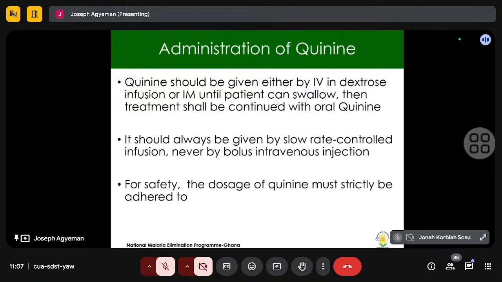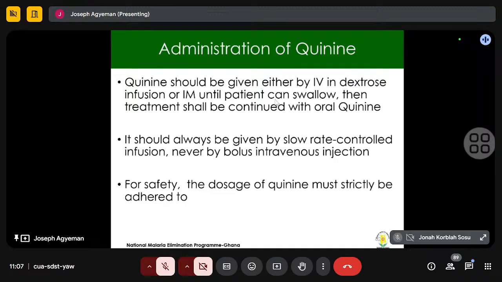Okay, so now let's go to the 4th and the 5th on the hierarchy. That is quinine. So quinine, the dose is always the same for all age groups, for all routes of administration, oral, IV, IM.